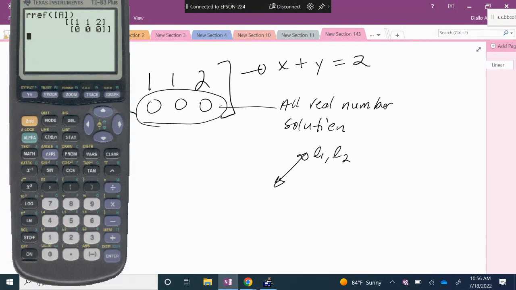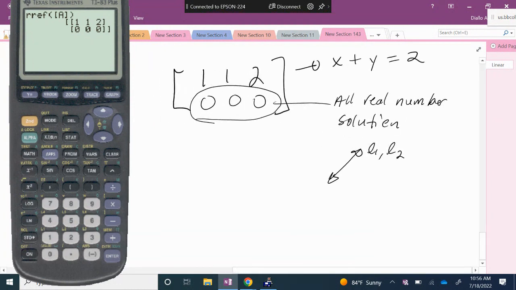On the first solution, we pulled it out and we got nice equations. x was equal to 1, y was equal to a half, z was equal to 1. But for this equation, we looked at the last row and we got all zeros. And whenever you get all zeros on the last row, that is an all real number solution.